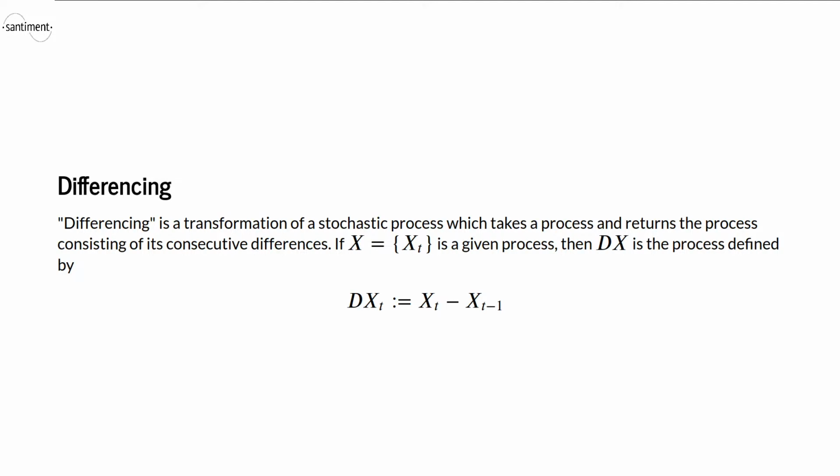So I can define an operator D, which given some process x, gives me another process dx, and the value of dx at timestamp t is simply the value of x at timestamp t minus the value of x at timestamp t minus 1. This is the differencing operator.